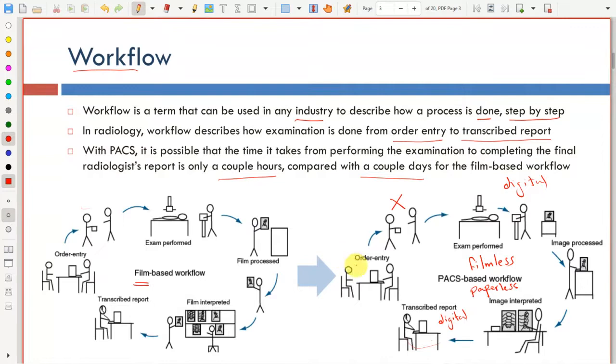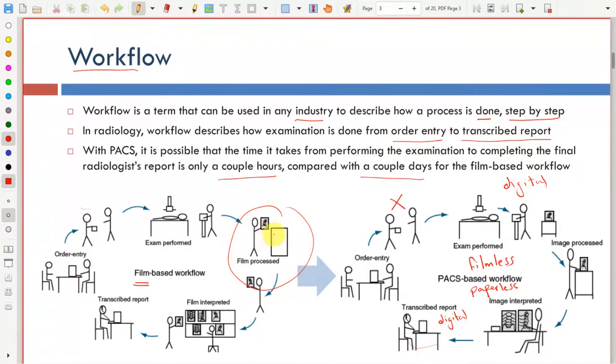When you shorten this cycle, it might not be clear at first, because the steps here are very similar. But the film processing, and the fact that you have to wait until it's processed and dried, and then take it and give it to the doctor so that he can look at it, takes time.